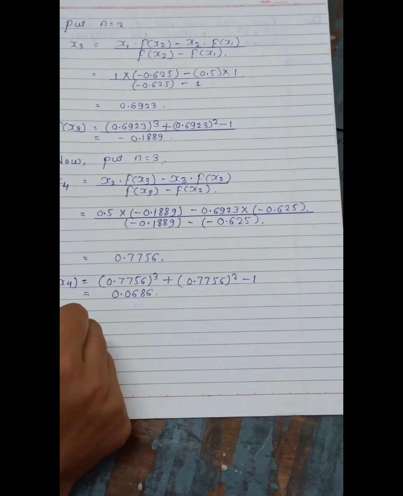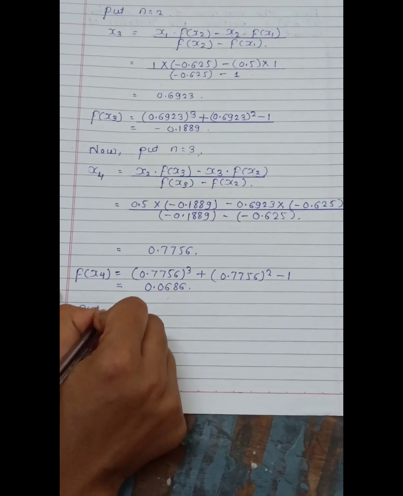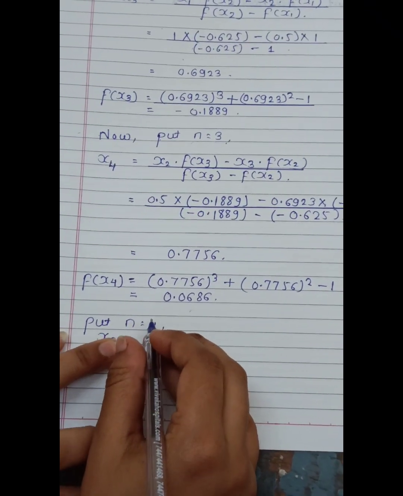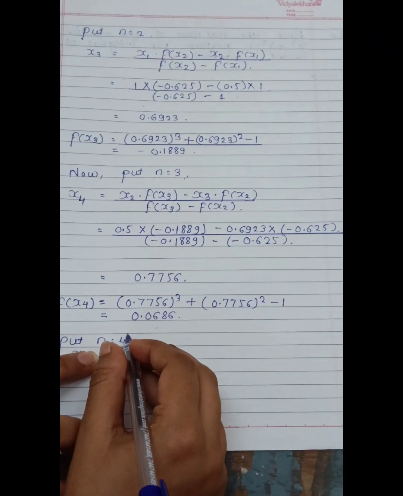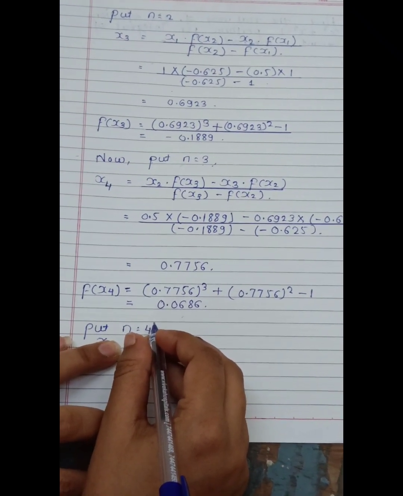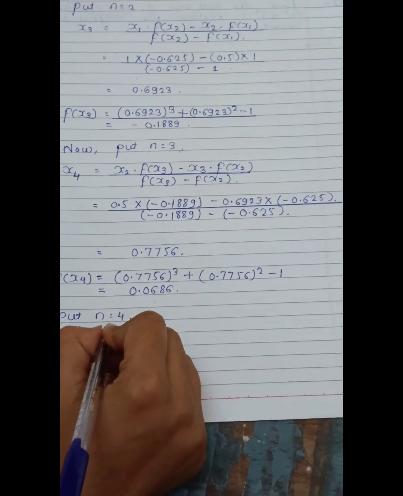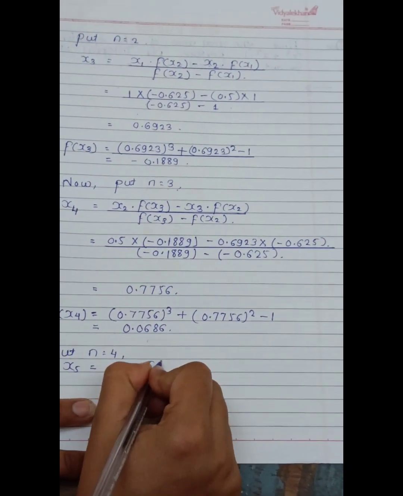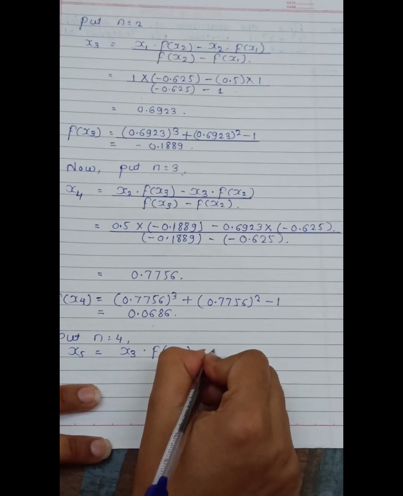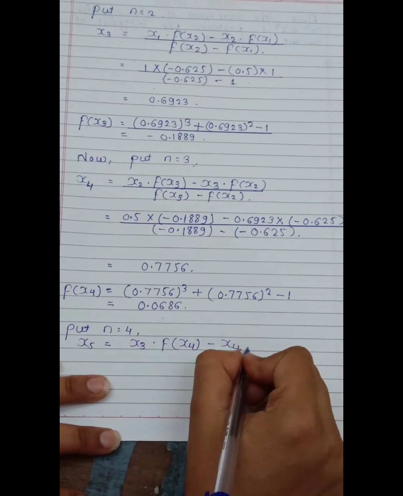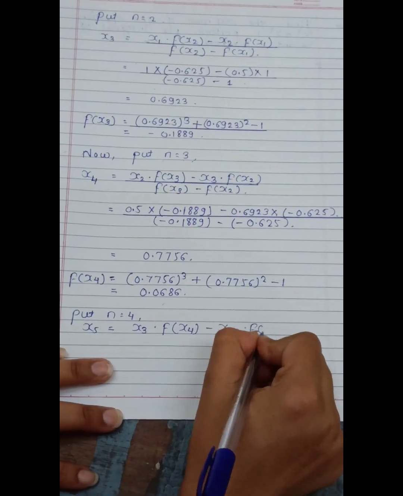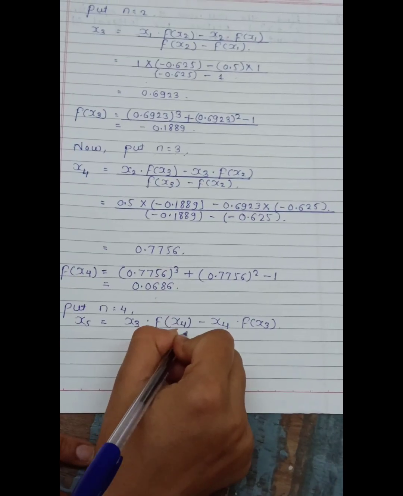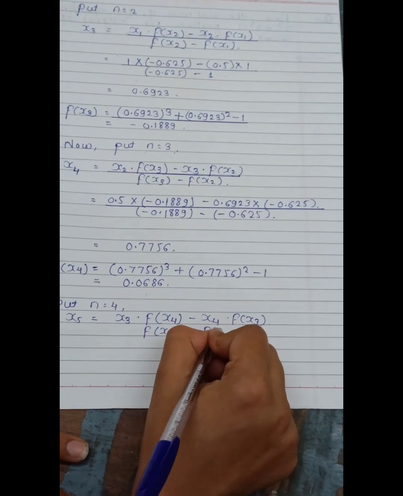Again put n equals to 4 and follow the formula. So x5 equals x3 times f of x4 minus x4 times f of x3 divided by f of x4 minus f of x3.